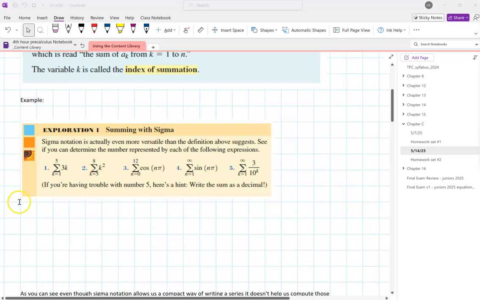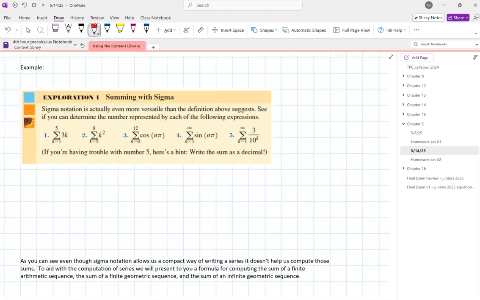All right, let's do a little example here. I have a bunch of different sigma notations, and we're going to compute the sums. The first one is the sum from 1 to 5 of 3k. If I expand that sigma out, I'd be plugging in k equals 1, 2, 3, 4, 5 and adding those together.